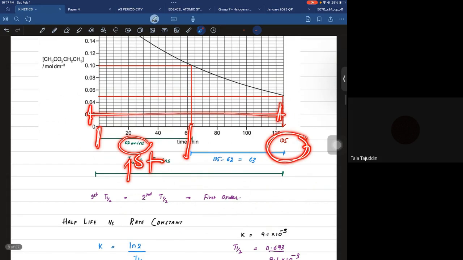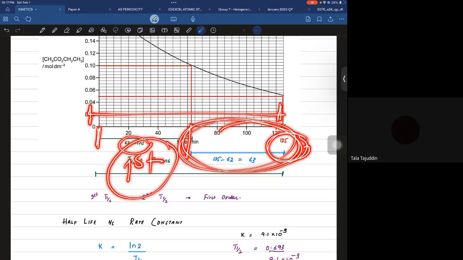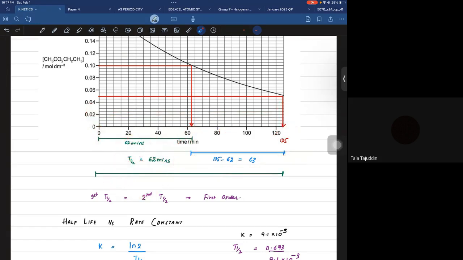I need to get this time, so ultimately I have to subtract the first half life from the total time so that I get the second one. Are you getting me?